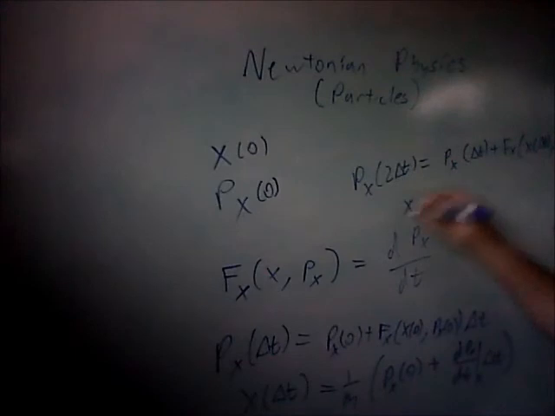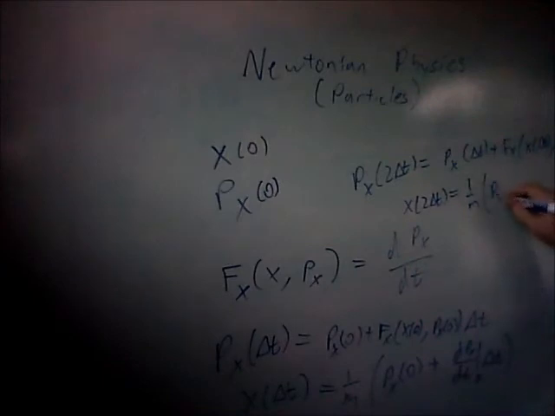And x of 2 delta t is equal to 1 over m times p sub x at delta t plus dp_x/dt evaluated at delta t times delta t.